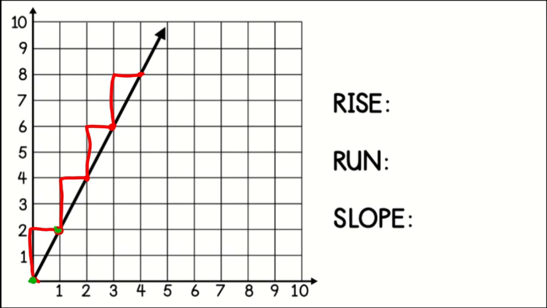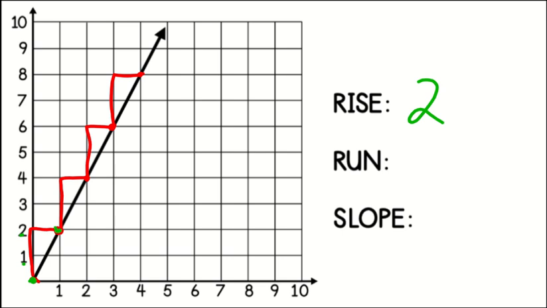From here up to here, how much do we rise? 2. And you need to pay attention to the labels also, okay? Sometimes they don't go 1, 2, 3, 4. Sometimes they'll go like 2, 4, 6, 8, or 10, 20, 30, right? In this case, it's going up by 1, so our rise is 2.